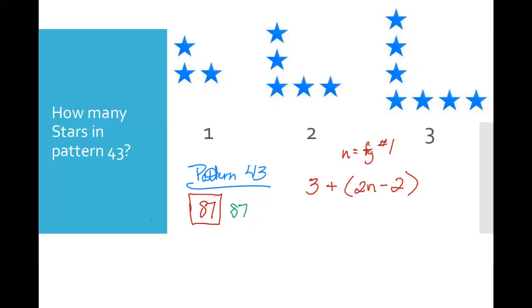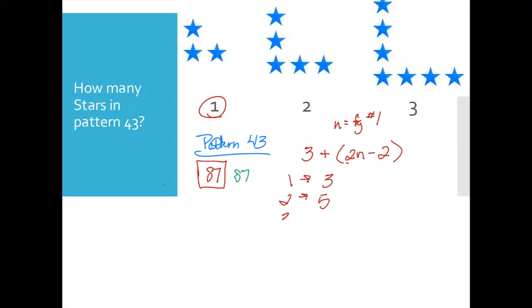The figure number. So, okay, let's try this for figure 1. If I say 2 times 1, I get 2, minus 2 is 0, and 0 plus 3 gives 3. Okay, so if I put 2 in for N, 2 times 2 is 4, minus 2 is 2, 3 plus 2 is 5, which is how many stars I have. Okay, so that works.